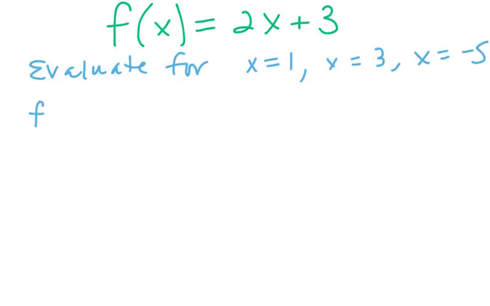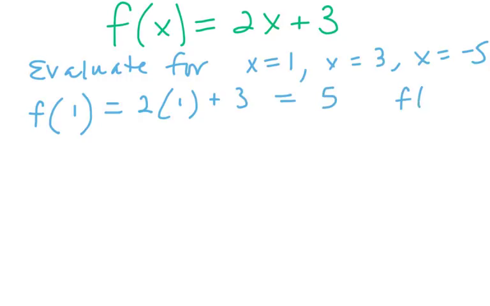We say f of 1, meaning the function for the x value of 1, equals 2 times 1 plus 3, which equals 2 plus 3, or 5. So f of 1 equals 5. It's another way of saying y equals 5.